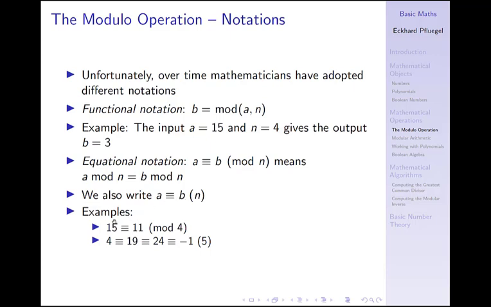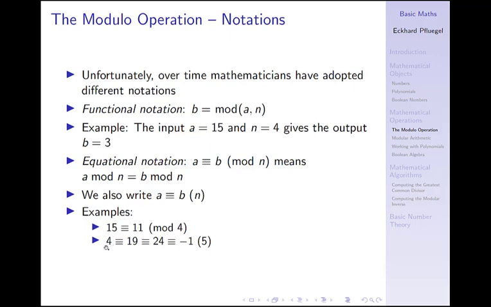So for example, we can say that 15 is congruent 11 mod 4, because when you compute 15 mod 4, that is 3, and if you compute 11 mod 4, that's 3 as well. So the modulo output is the same for both numbers.